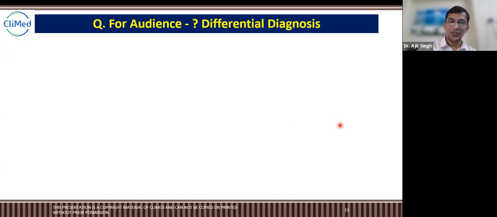Okay, let's list out. Tell me the major and minor. Bronchial asthma. Exact signs and symptoms as heart failure. COPD, major differential diagnosis for heart failure.